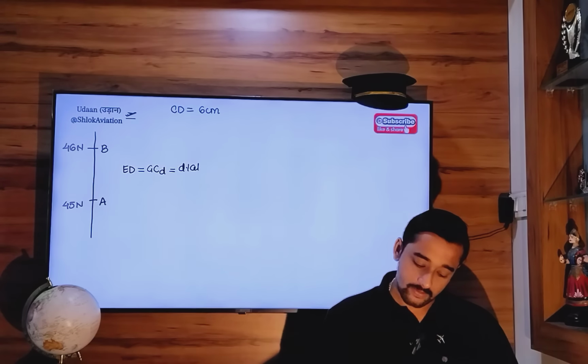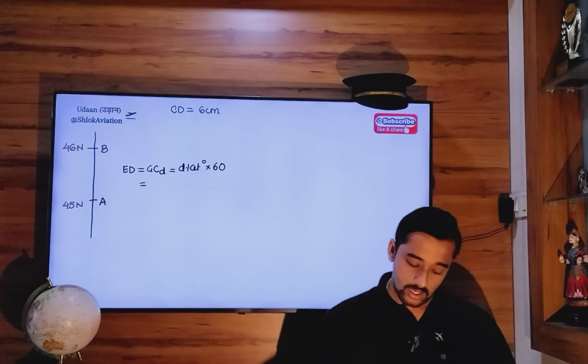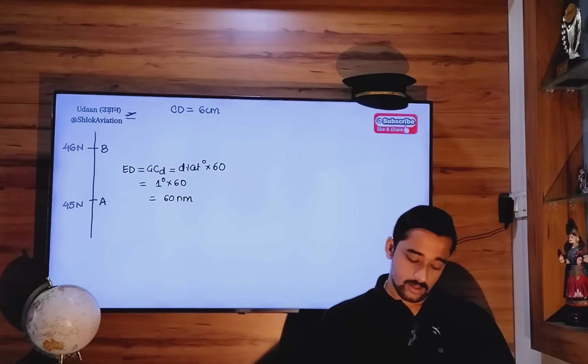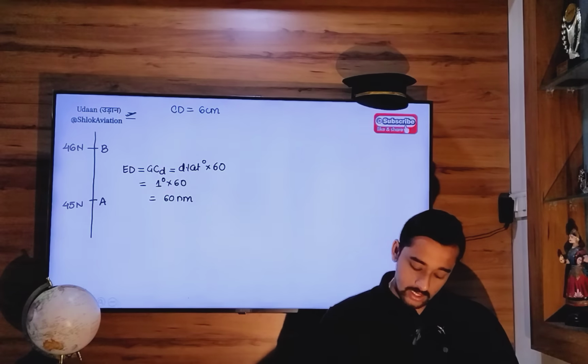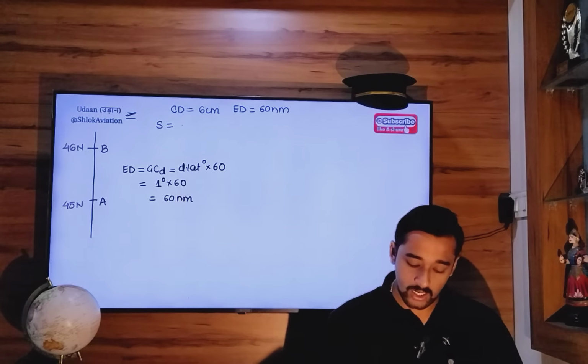So d lat into 60, 1 degree into 60 is 60 nautical miles. So earth distance is 60 nautical mile. Scale will be chart distance upon earth distance.